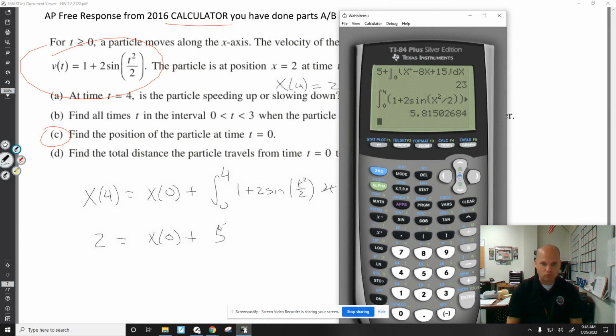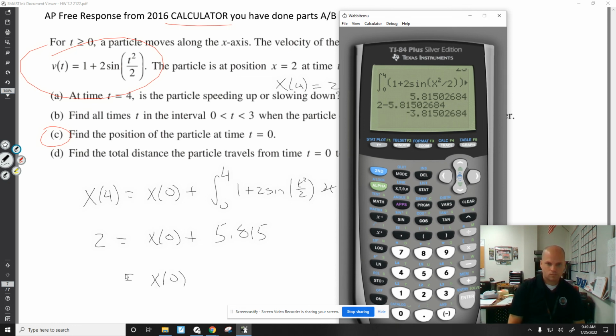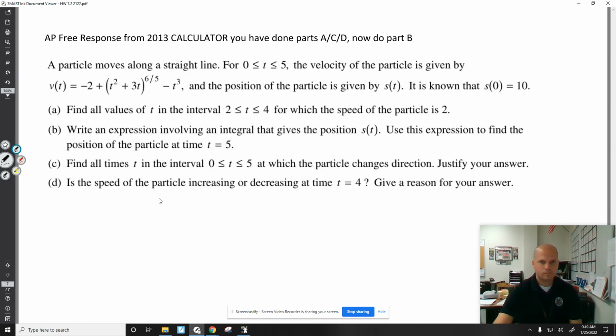I had to move to the right overall. I might have moved right and left a bunch, but between the 0 second and the 4th second, I've ended up displacing 5.815. Where did I start at the 0 second? Well, 5.815 to the left of 2, or subtract that number, 2 minus that. Just solving the equation. 3 decimal places is all you need.